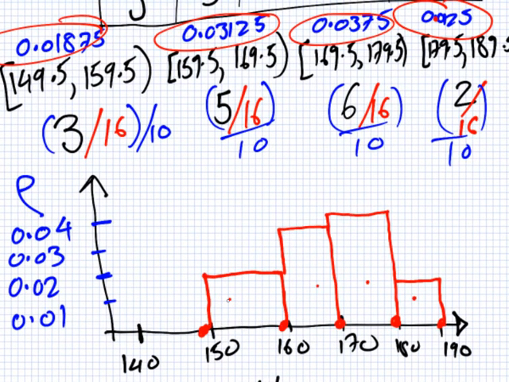So this area will be 0.1875, and this area will be 0.3125, and this area 0.375, and this area 0.125. Add those 4 numbers together.